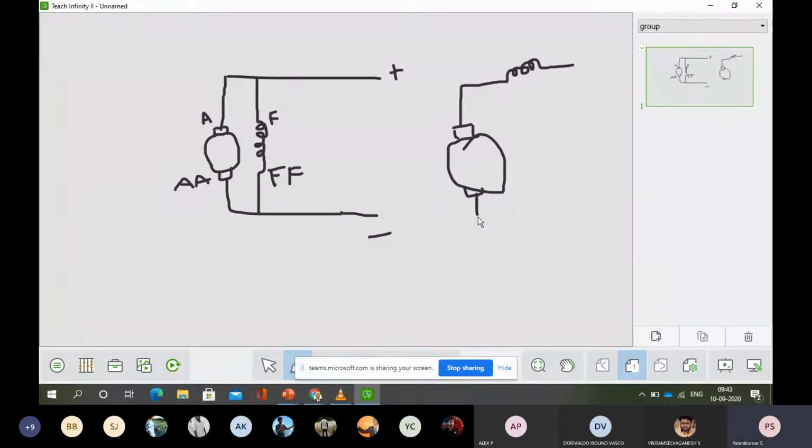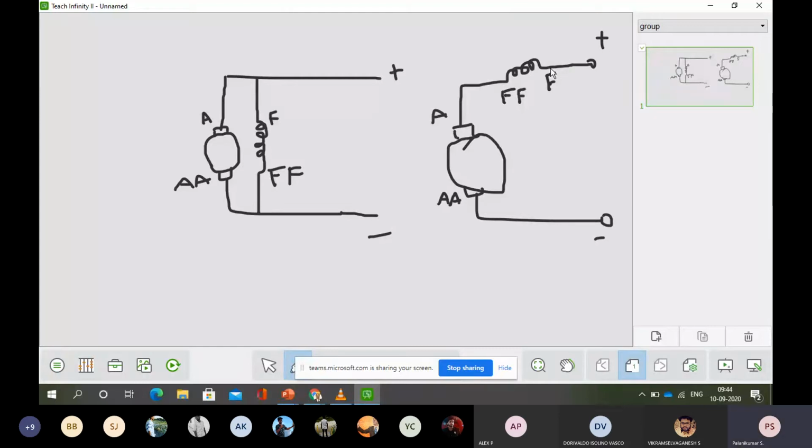Automatically, that will be in series with it. Suppose I am having FF, that is the leaving end of the coil, and the entering end, armature, and AA. So now I connect to the plus terminal.